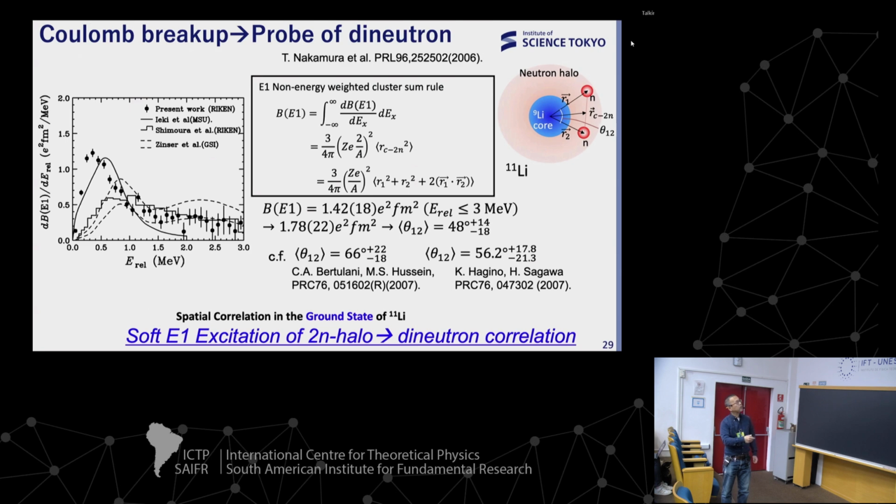Compared with the non-correlated E1 strengths, we extracted this value. While Beltrani-Hussein actually used the reaction cross-section as another input, I think Hagino-san also did it like this. If you use a reaction cross-section, then from two experimental values, we could extract these values. Yeah, you're right. And now we are using this kind of thing, yes.